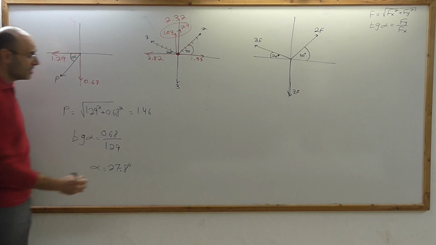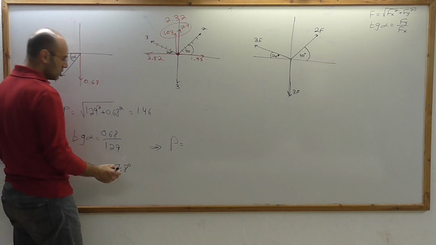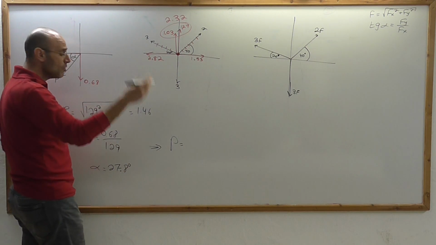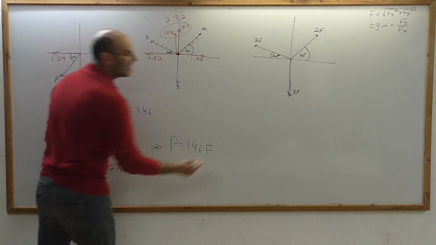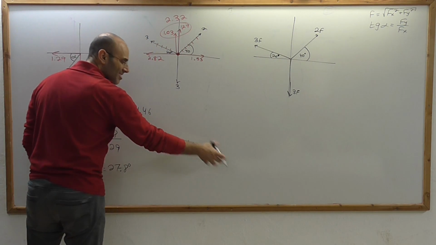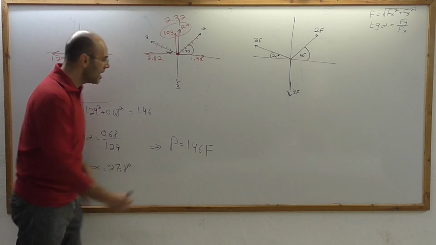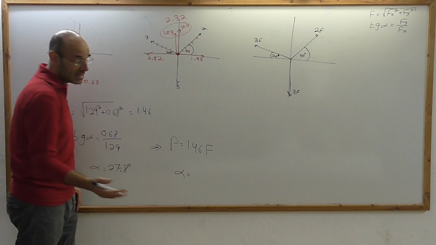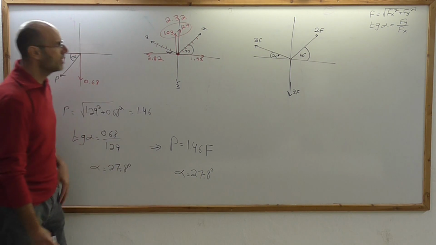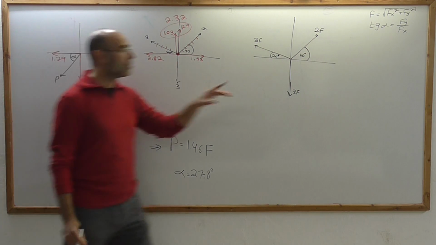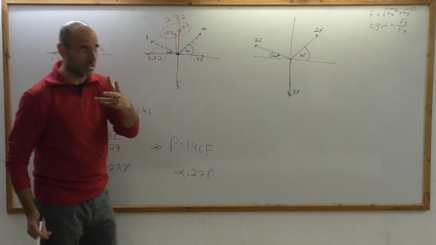So the answer is that P, the resultant force, is 1.46 F. At the end, just put the F next to the numbers. And the alpha will be exactly in the same direction, 27.8 degrees. So this is how we deal with problems that have letters or parameters in them.